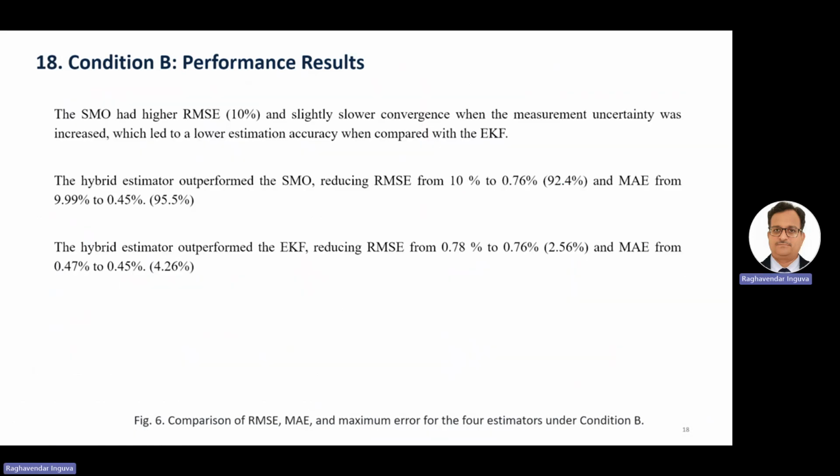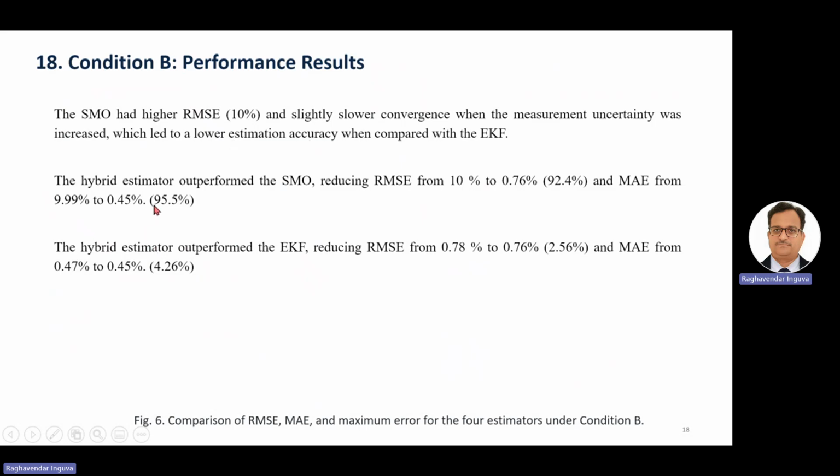And if we look at it from the percentage point of view, SMO, as I've explained before, has a great RMSE, which is not good. A higher RMSE is not good, and it is leading to lower estimation accuracy when compared to EKF.